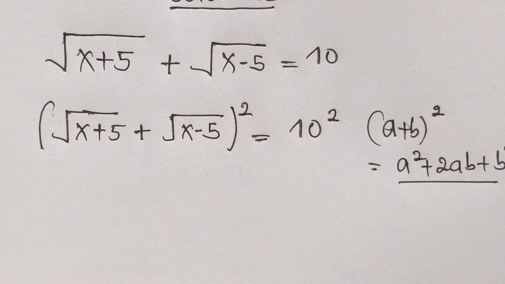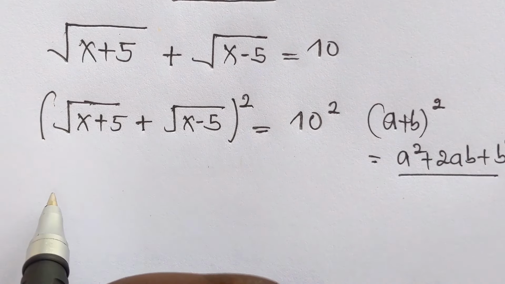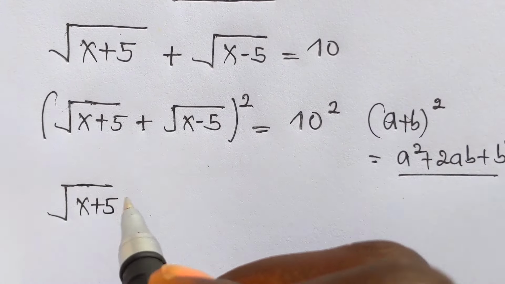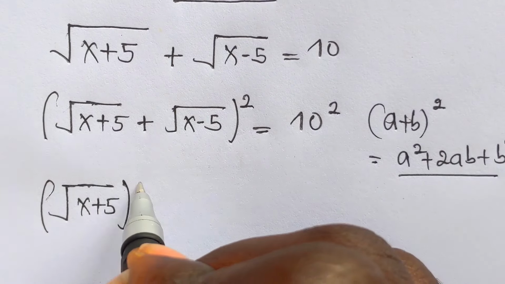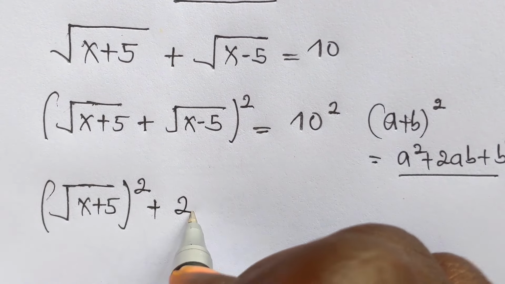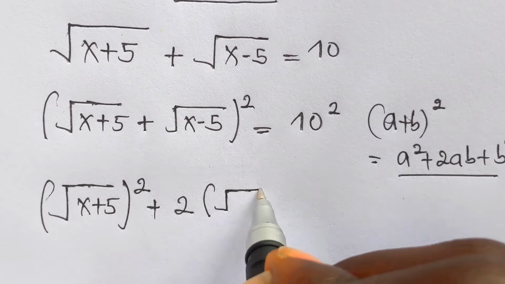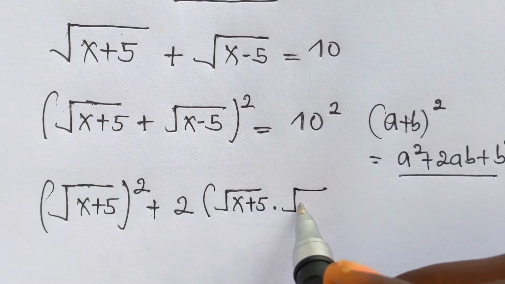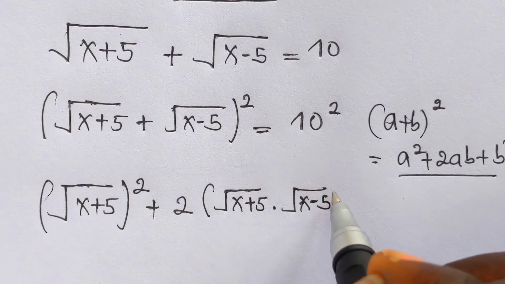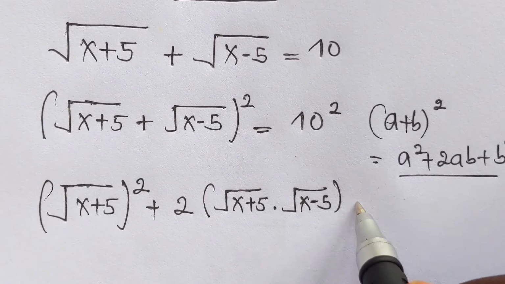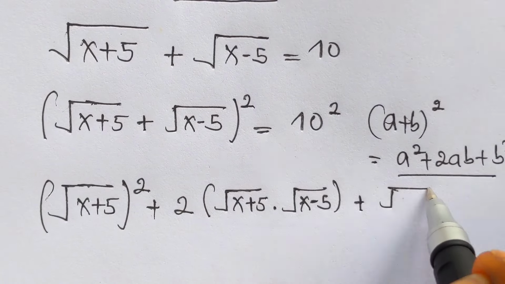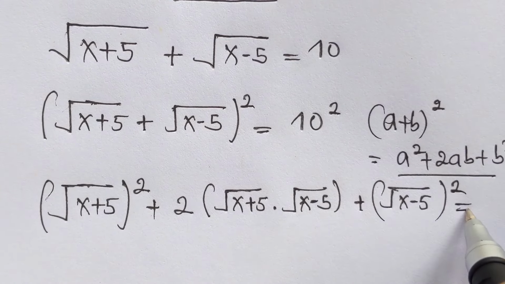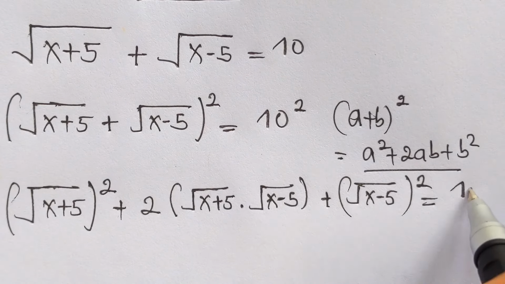This is what we're going to apply to get square root of x plus 5 squared, plus 2 times square root of x plus 5 times square root of x minus 5, plus square root of x minus 5 squared, is equal to 100.